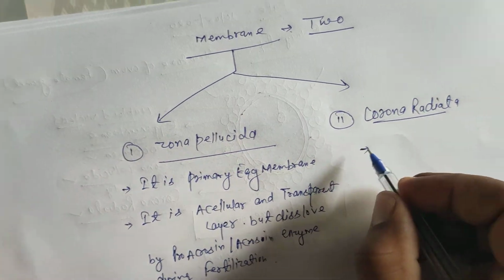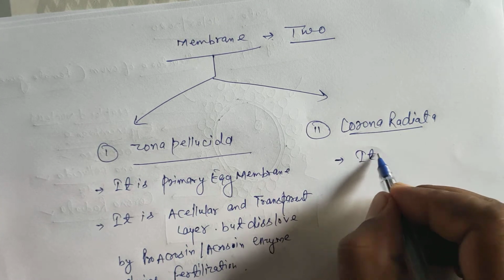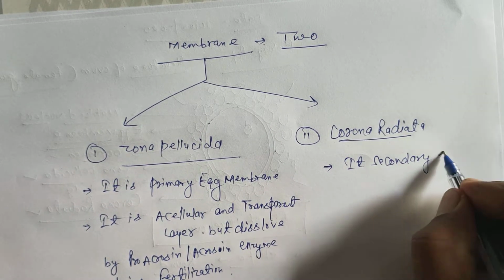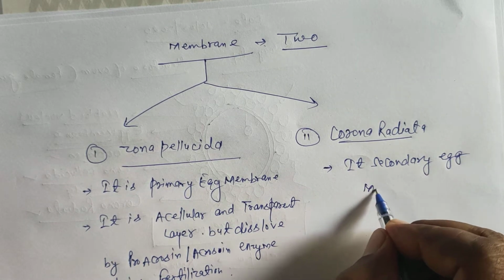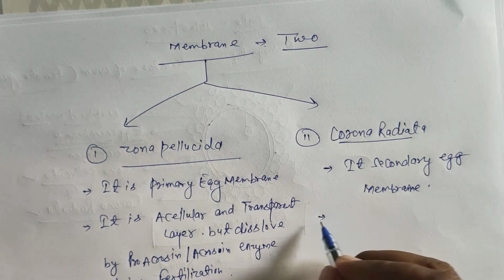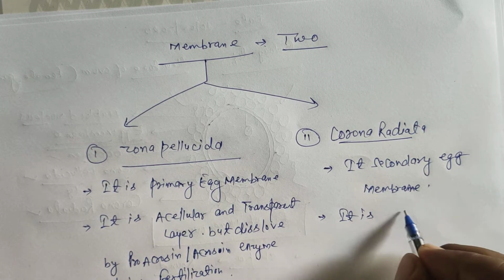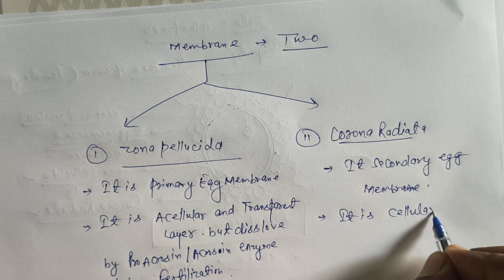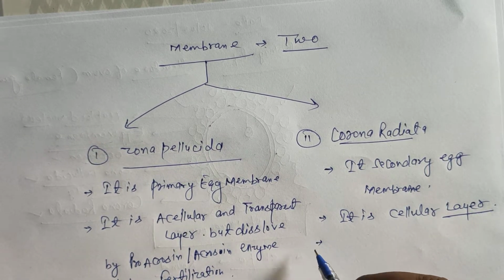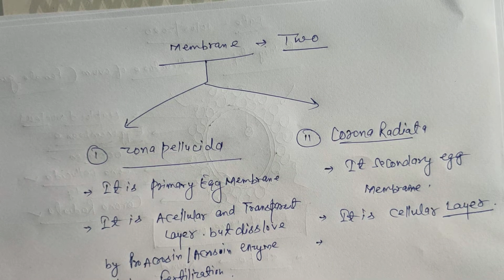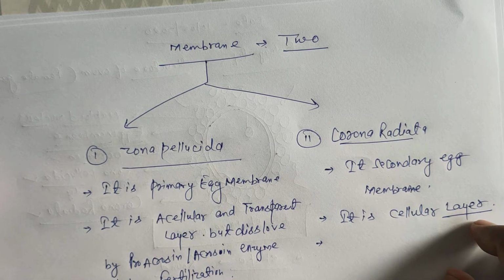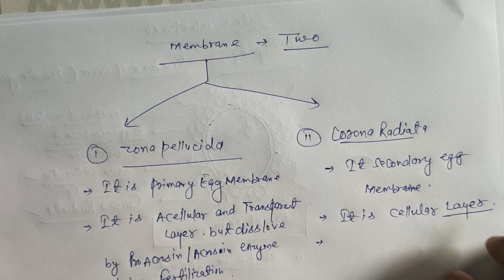Second is corona radiata. It is secondary egg membrane. Second, it is cellular layer. Third, cell name is follicle cell. Follicle cells are properly bound by hyaluronic acid.